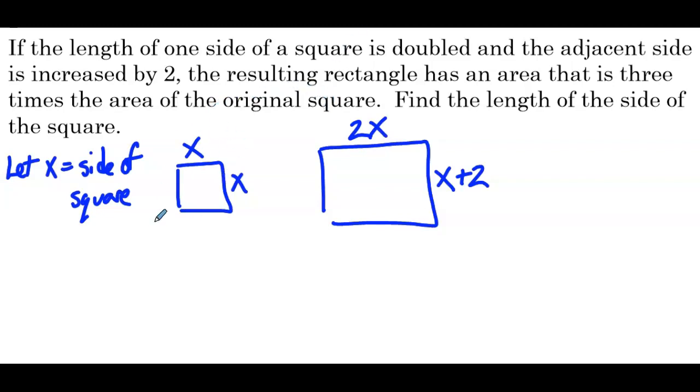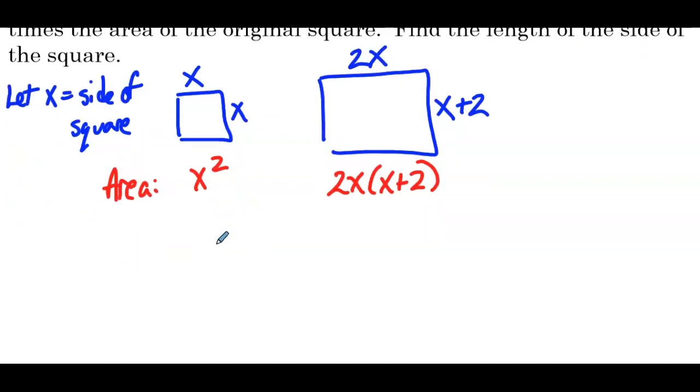Well, the area of the square is x squared, and the area of the rectangle is 2x times (x plus 2). And the area of the rectangle is 3 times the area of the original square. So we can set up an equation, and we can say 3 times the area of the square is equal to the area of the rectangle.